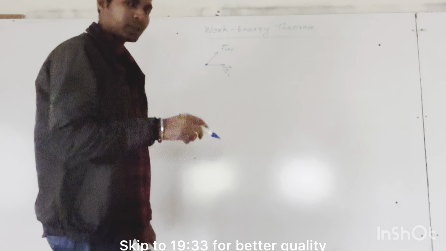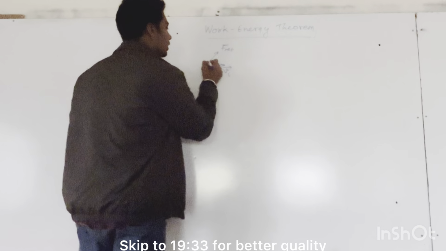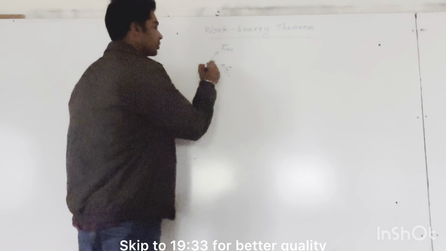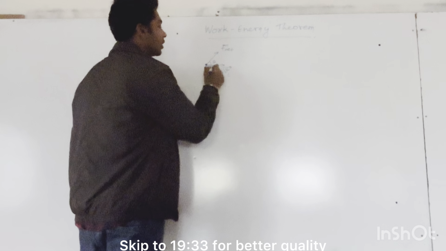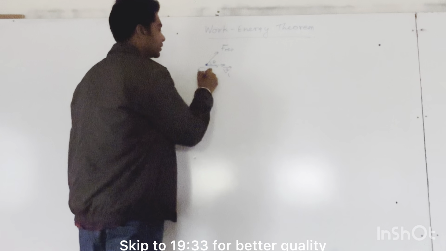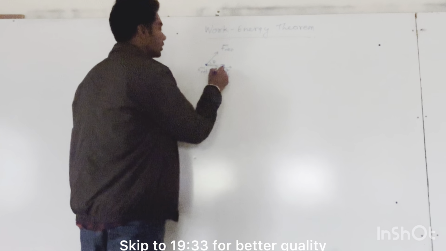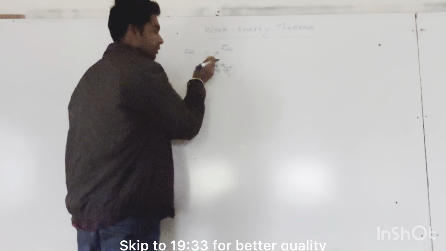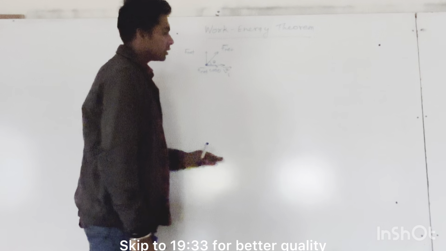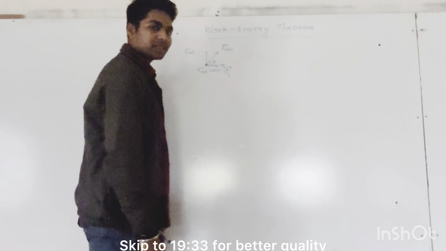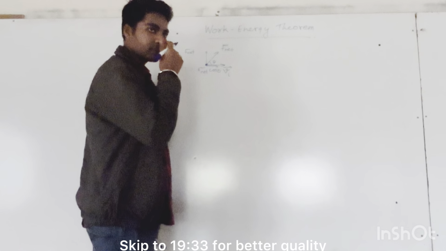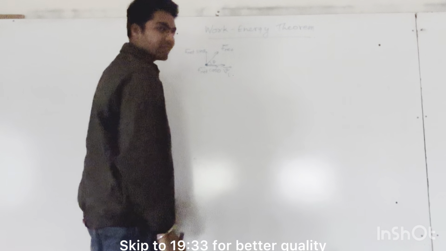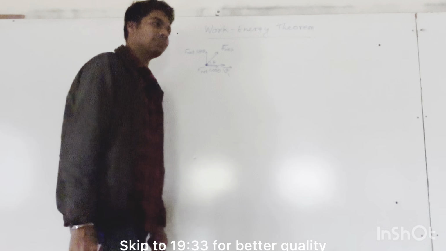Now this F net will have two components. I am assuming this angle theta, so that I can define a component of F net in this direction as F net cos theta, which is called the tangential component, along the velocity. F net sin theta is directed normal to the velocity, so it is called the normal component.